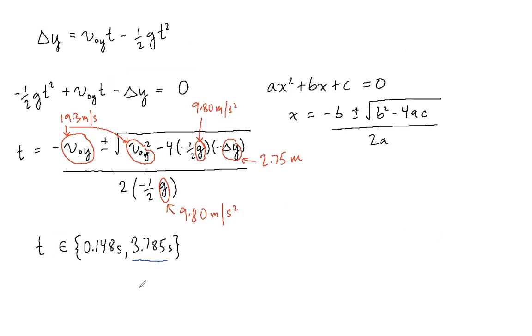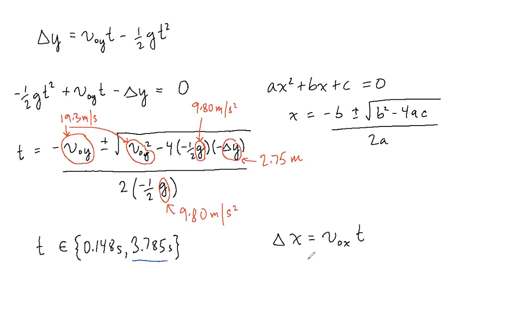And then we're going to plug this in to delta x. So we have delta x is equal to v0x times time. The acceleration is 0, so this is all you have.